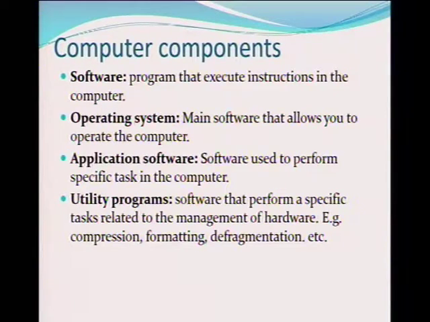So application software is software that you install on top of your operating system, and it is used to perform a specific task, but it is not key to the operation of your computer. And then we've got something called utility programs. Utility programs usually come with our operating system, say for instance Windows 7, and these are software used to perform a specific task related to the management of your hardware.